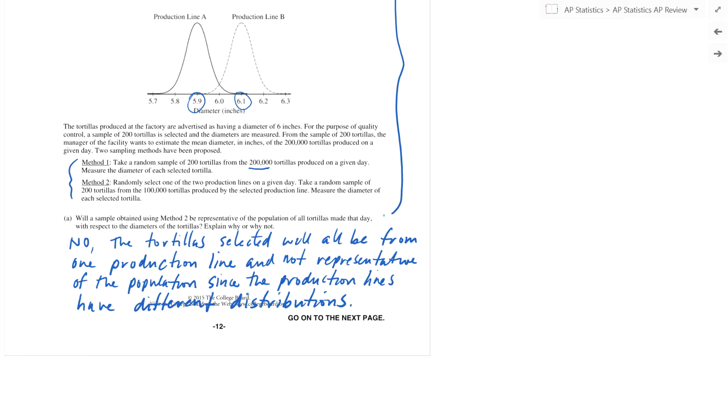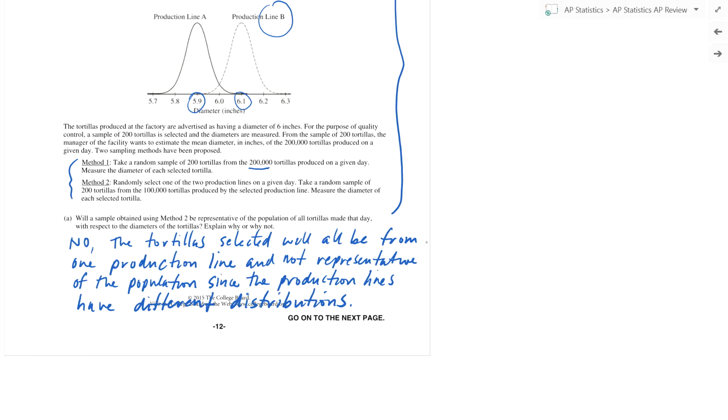And your answer is, of course not, because if I pick production line B up here at the top, that average is 6.1, and I'm picking all 200 tortillas from this one. If I pick it from A, that average is 5.9. They're going to be representative of that production line.